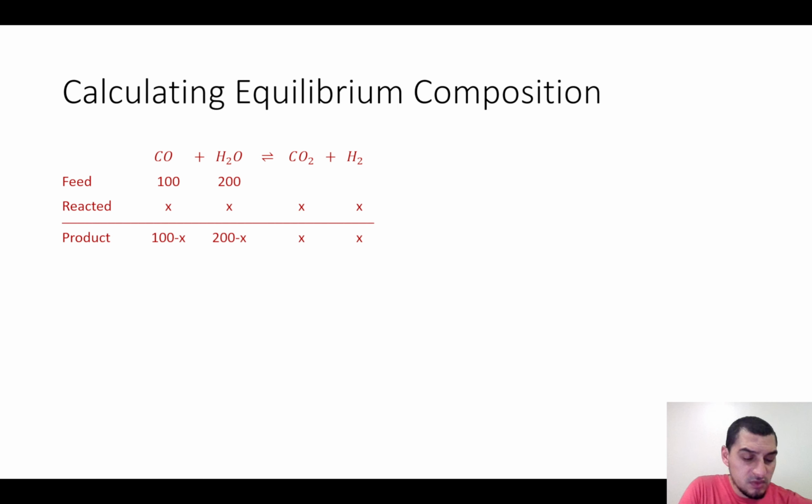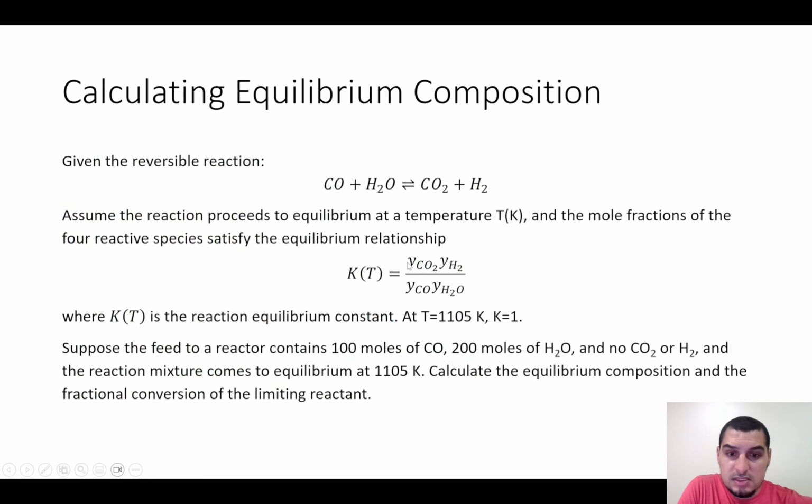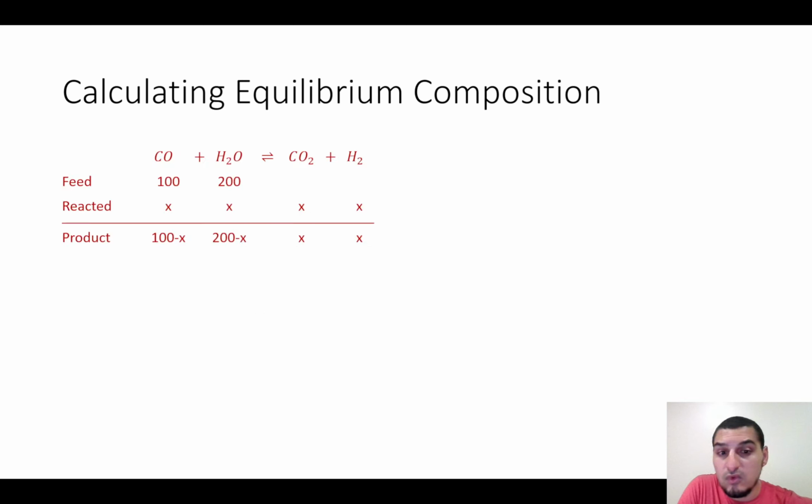Now, if we go back to the equation, it is a relation between mole fractions, not number of moles. So I have to calculate the mole fractions of all 4 components in the mixture after the reaction is done. These are the number of moles of the products. The mole fraction is the number of moles over the total number of moles.